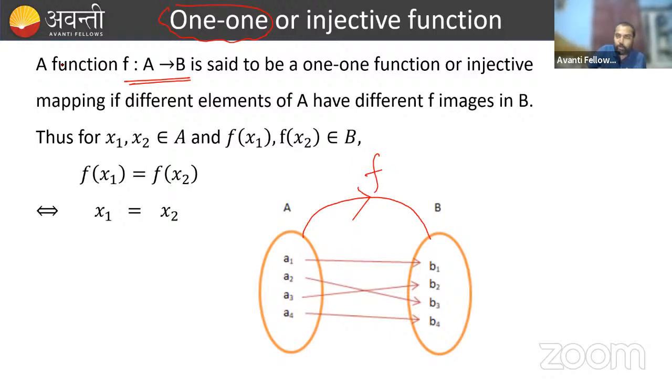F is a function which is mapping from the set A to B.